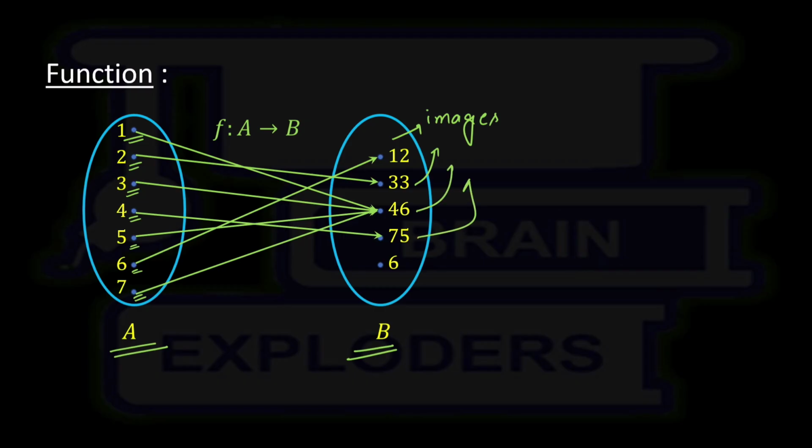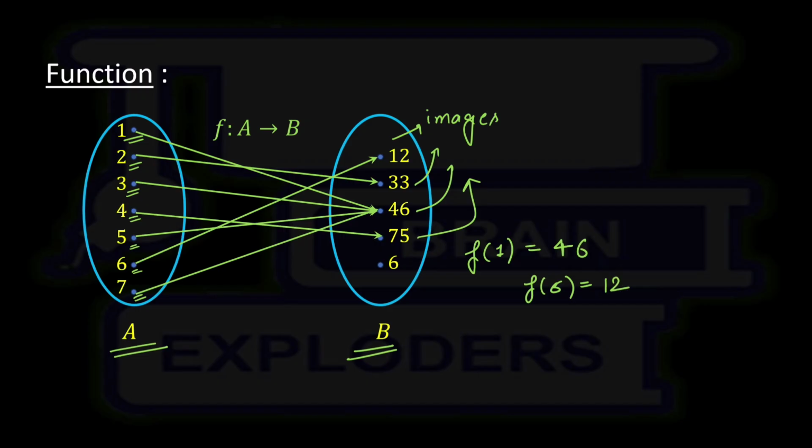So this 6 is not the image of any element of A, and it is written like f of 1 equals, suppose f of 1 is connected to 46, so f of 1 equals 46, and in this way f of, suppose, 6 is connected to 12, so f of 6 equals 12. Okay.